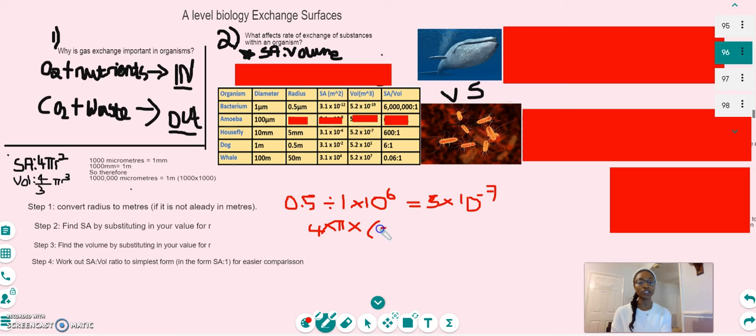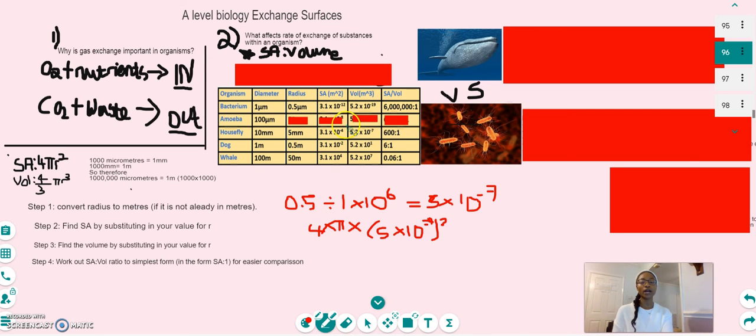I'll put this in brackets just so that we don't get confused. And then we need to square that. So I'd suggest that you square that using the laws of BIDMAS. I'd suggest that you square our radius first and then times the 4 pi. And we should get this value here, which is 3.1 times 10 to the power of minus 12. Again, a really small number, which is what we want to see.